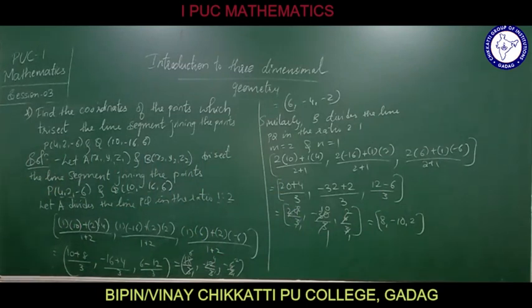The question asks for the coordinates of the points which trisect the line segment joining the points. So what are the coordinates of A and B now?